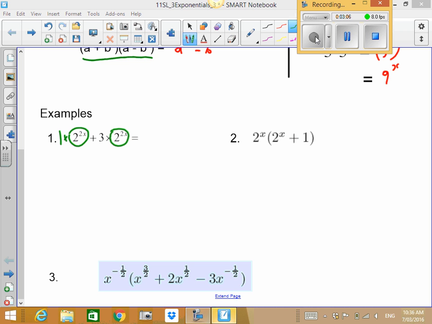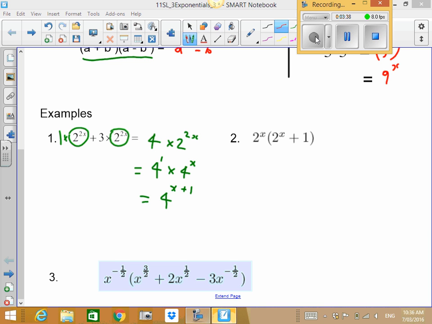So one lot plus 3 lots gives us 4 lots of 2 to the power of 2x. 2 to the power of 2x is the same as 4 to the power of x, so that's 4 lots of 4 to the power of x, or just 4 to the power of x plus 1, using our index law for multiplication.